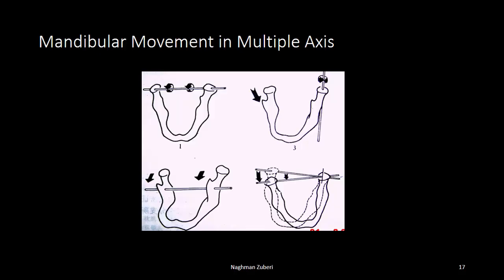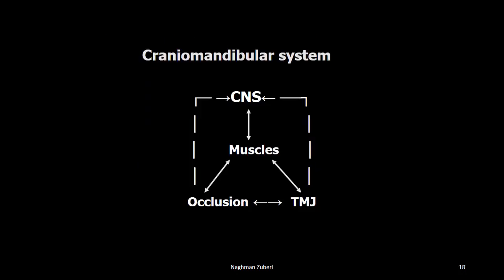So, mandibular movements may occur in multiple axes. And central nervous system, occlusion of the teeth, and temporomandibular joint itself, they all are exerting stress on the muscles of mastication.